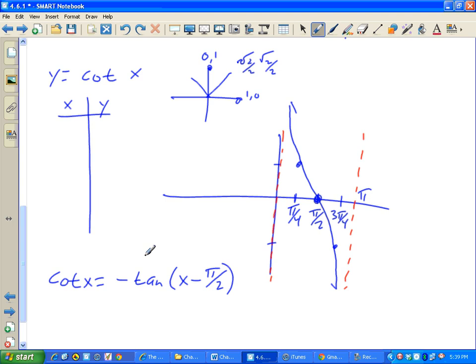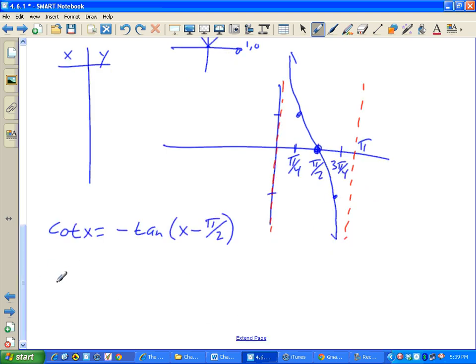Cotangent is just a transformed tangent function, in the same way that a cosine function is a shifted sine function. It's just been shifted pi over 2 in either direction. Or wait, let's see, sine starts like this, cosine starts like this. So really we need to move this to the left, so it should be plus. There we go.